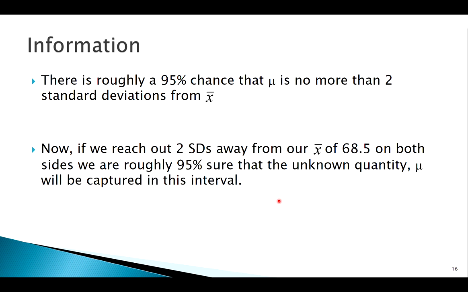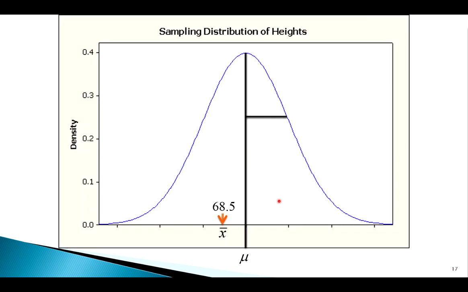All right, so take back into account the 68.5, go out those 2 standard deviations, so 68.5 plus 2 times 0.5, remember 0.5 was our standard error, 68.5 minus 2 times 0.5, that's 1.